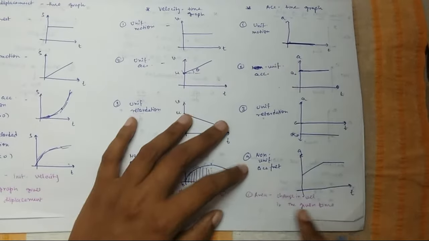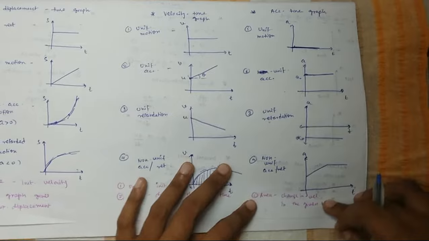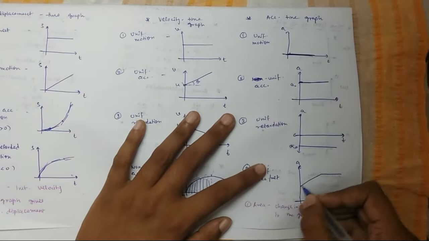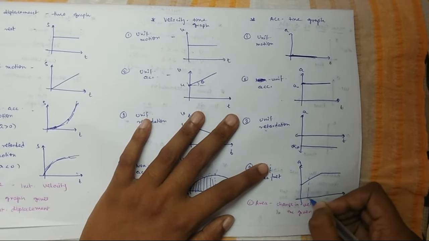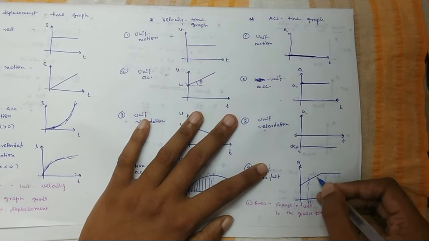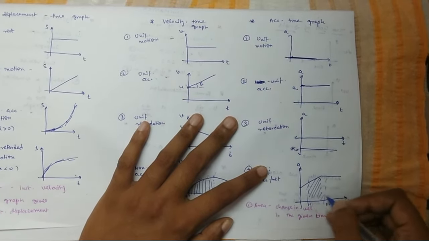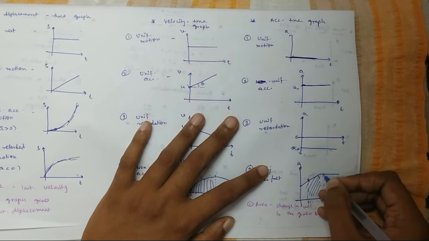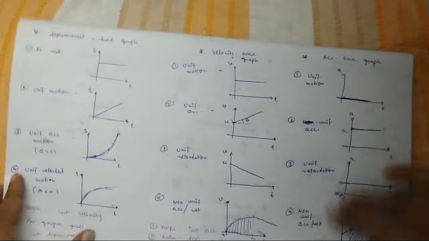So in acceleration time graph, the area under the graph gives the change in velocity in the given time. For example, from time t1 till t2, the area under the graph gives the change in velocity from t1 to t2. So that's it about the general graphs.